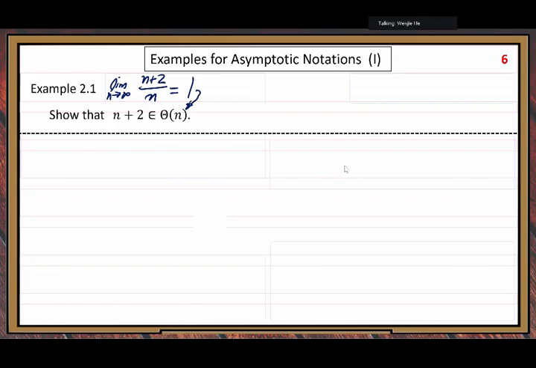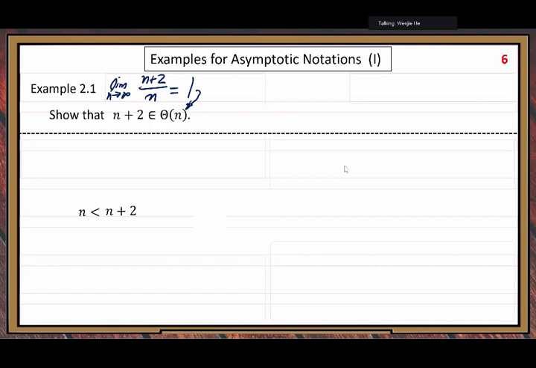The second one, let's put the f function here. We need to go in 2 directions: lower direction and upper direction. For the lower direction, we want to see what constant multiple of n is less than the f function. Here it is simple.